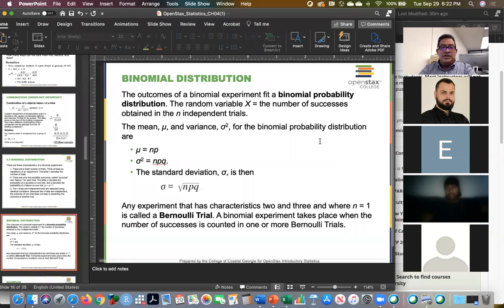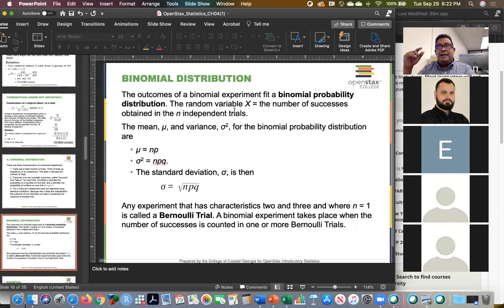So the outcome of a binomial experiment fits what is called a binomial distribution. The random variable X, for example, the number of successes obtained in N independent trials, is going to represent this binomial probability distribution. Based on this, we can find the probability of an event, given certain conditions.